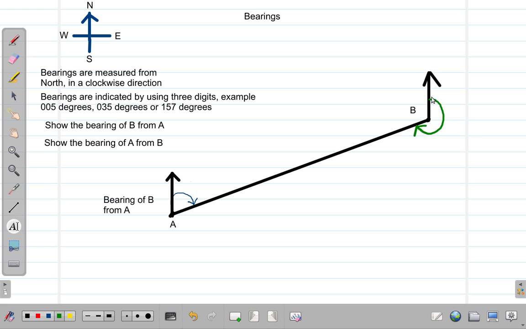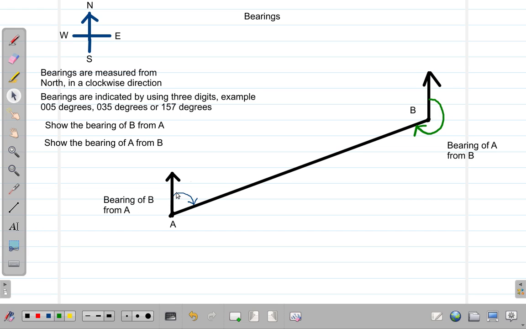So let me write that down somewhere nearby. So this is the bearing of A from B. From B means B is where you have your angle.